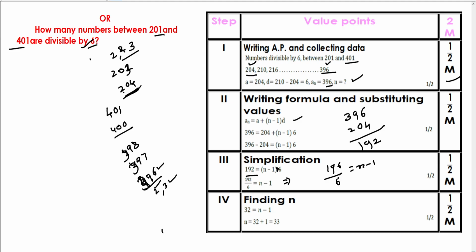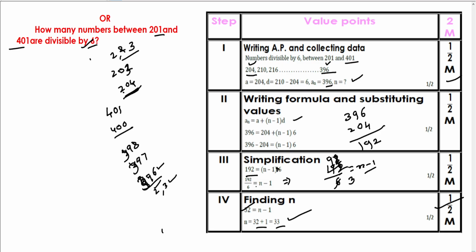I think there is a mistake here. I have miswritten it. 192 divided by 6: 6 1s are 6, 6 3s are 18, left with 1. 6 2s are 12. Therefore 32. n minus 1 is equal to 32. Take minus 1 to the left, and it becomes plus 1. You will get 33.